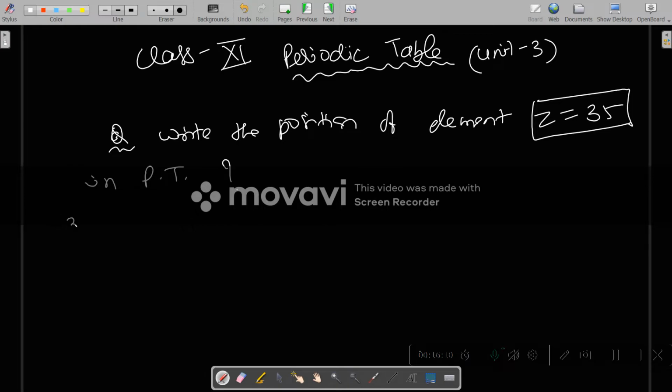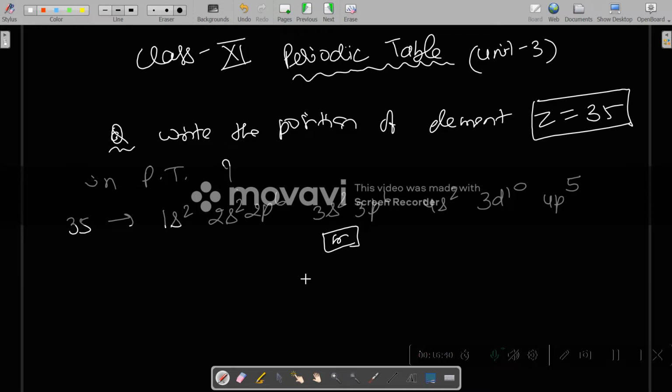So atomic number 35: 1s2, 2s2, 2p6, 3s2, 3p6, 4s2, 3d10. Count how many electrons: 30. Then the next orbital is 4p, which has 5. Or in shortcut you can write it in terms of noble gas.